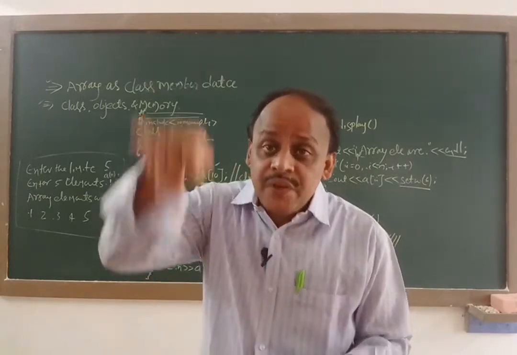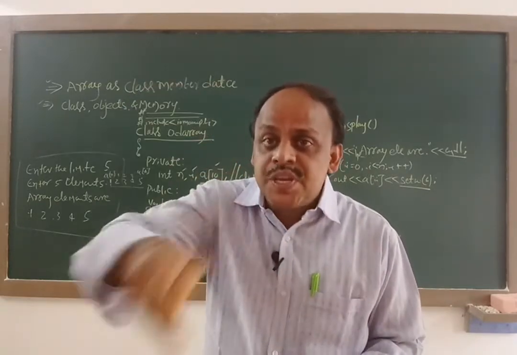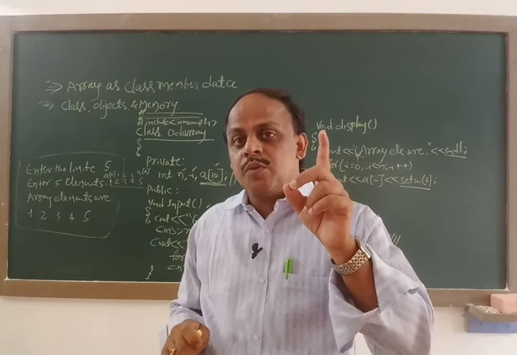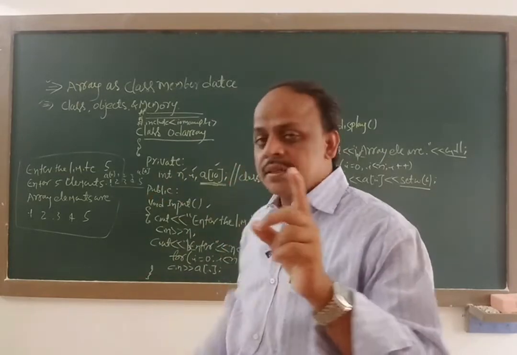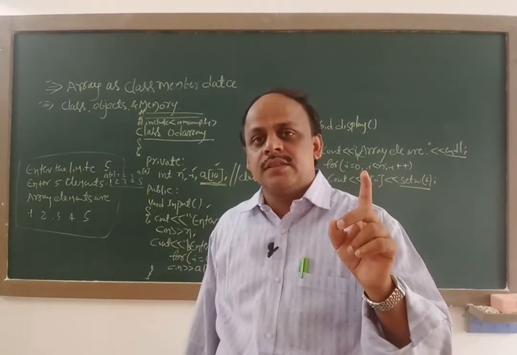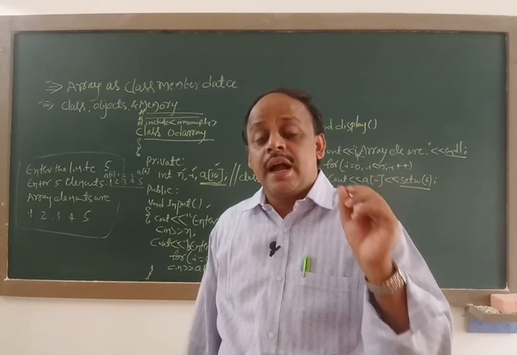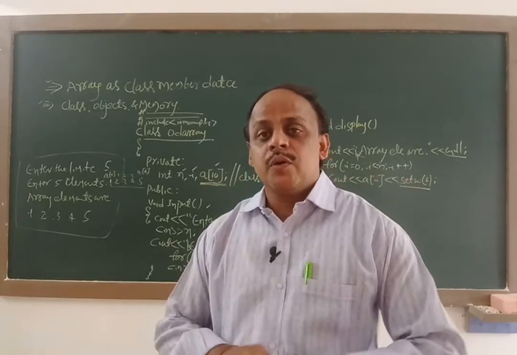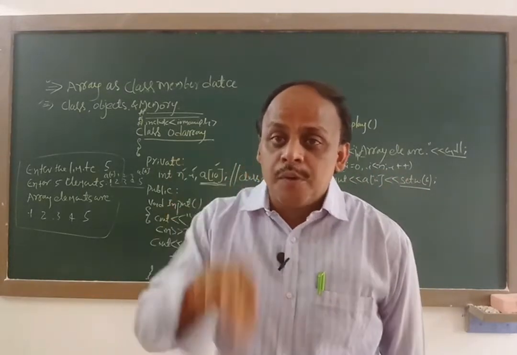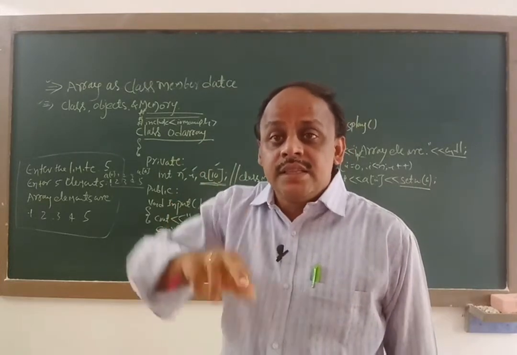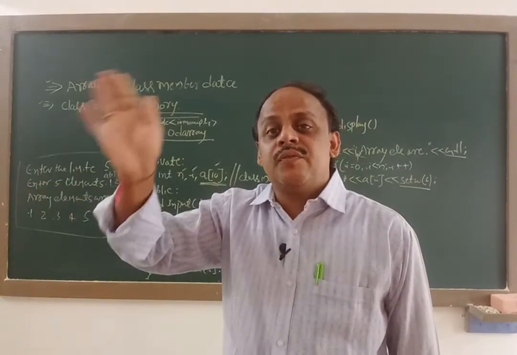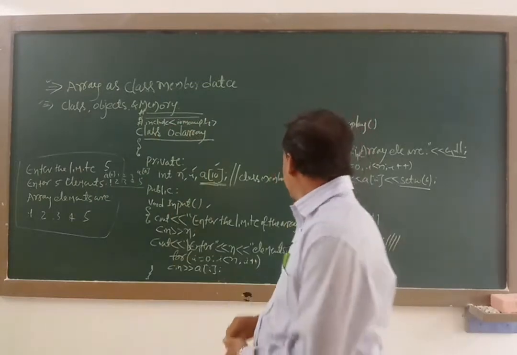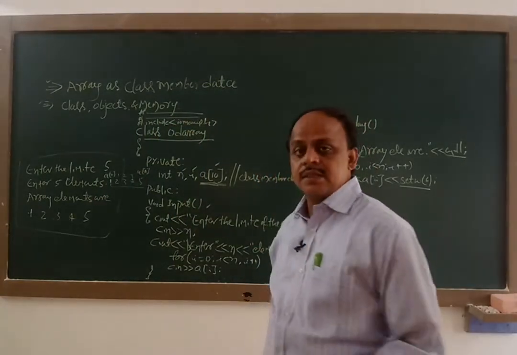Whenever you define a class with objects, then memory is allocated for the members of the class. This is the concept. And he says that whenever you declare objects of a class, then memory is allocated for only class members.